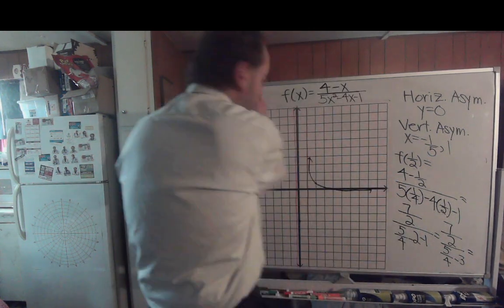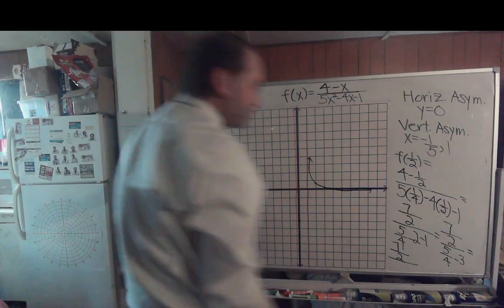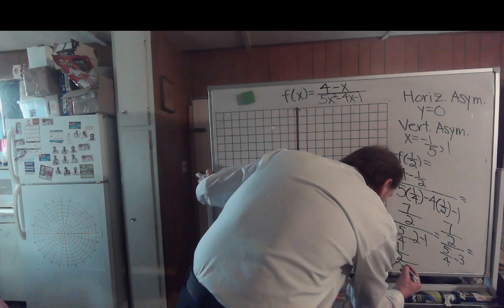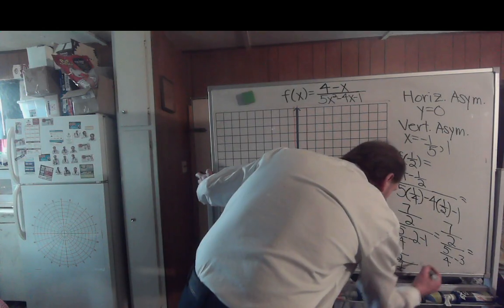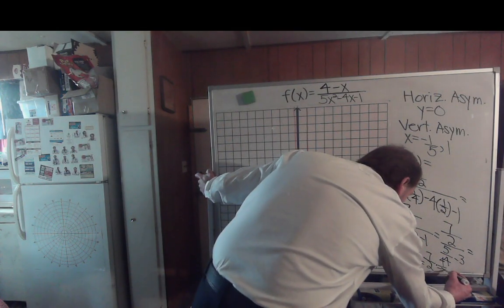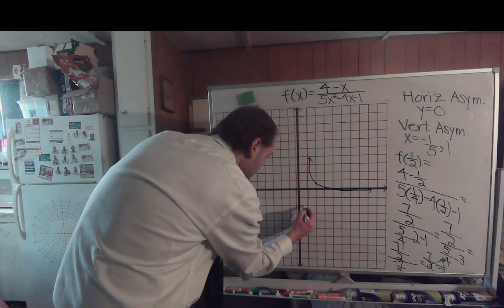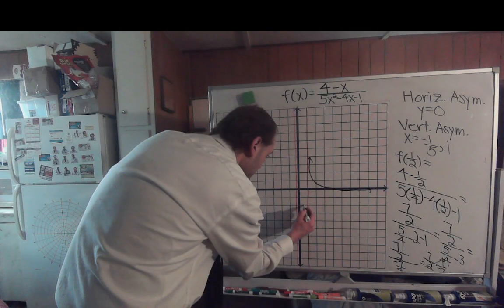Yeah, I'm running out of room. This is where it can get a bit hairy if you're not doing it on a graphing calculator. So 7/2 all over negative 7/4, which would turn into 7/2 times 4 over negative 7. You would literally end up getting negative 2. So at 1/2, you would get negative 2.